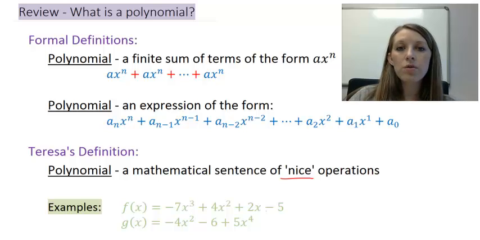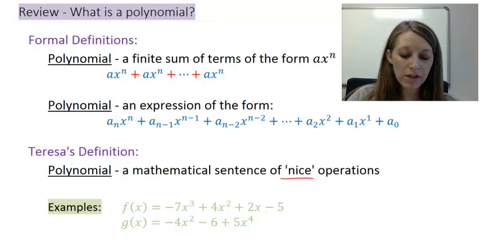So in our polynomials, we should not be having any complicated operations like absolute value, square roots, or anything beyond that. And you can see that I've listed a couple of examples down there, f of x and g of x, and we can see that those two examples fit all definitions of our polynomial.